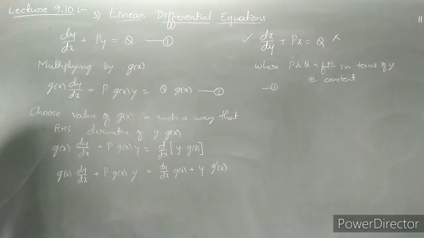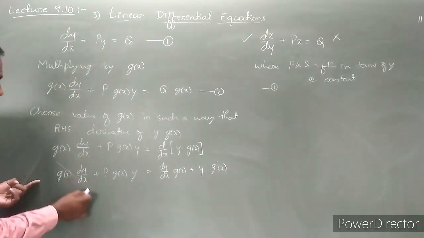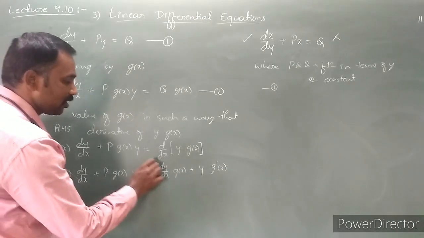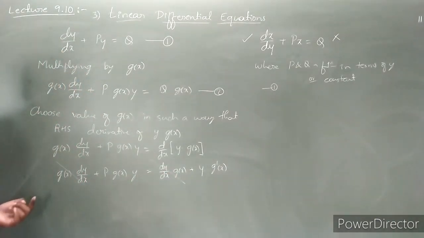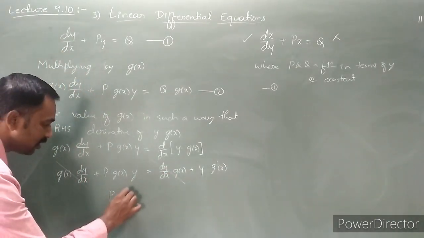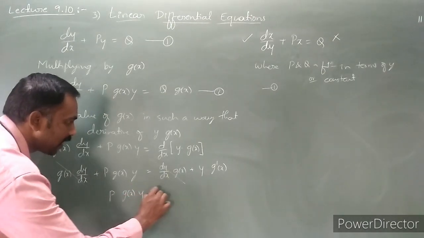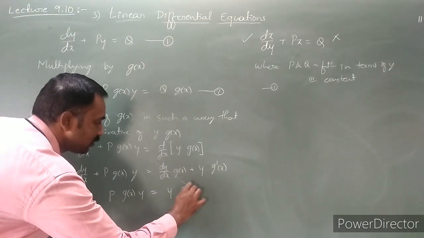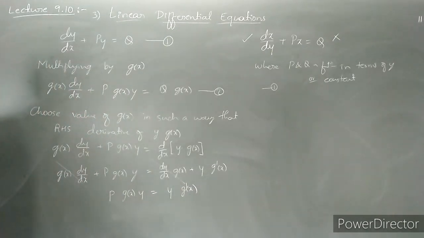Any like terms will reduce. Yes, g of x into dy by dx on both sides get cancelled. Remaining term: p into g of x into y is equal to y into g dash of x. Again the y gets cancelled.